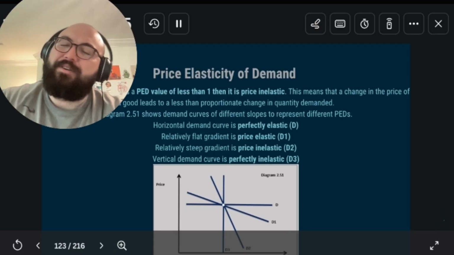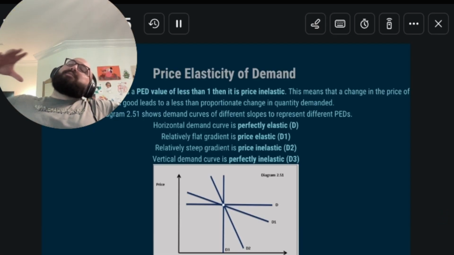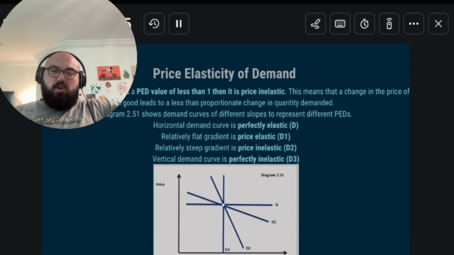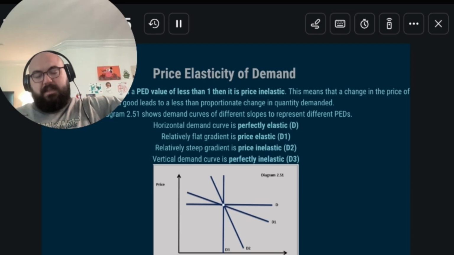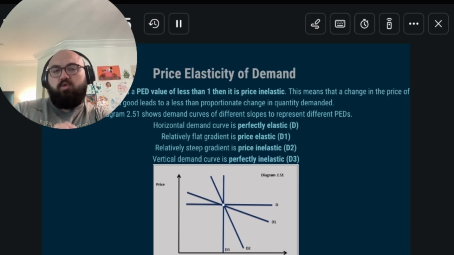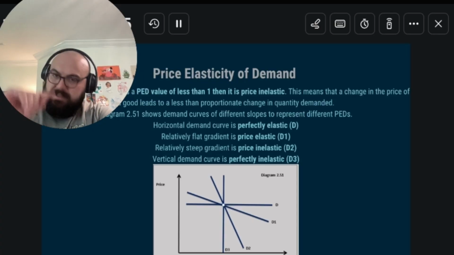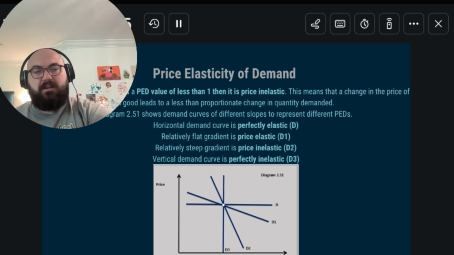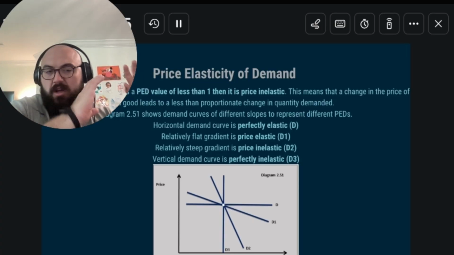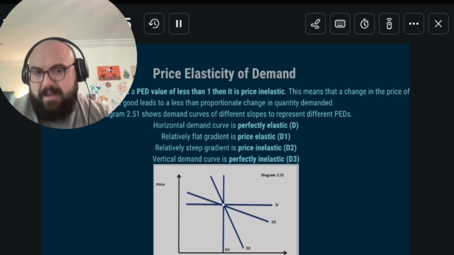Okay, so we have all kinds of examples, which we'll get into in a minute, like in this diagram. The diagram shows how the steepness of the demand curve links to elasticity. A horizontal curve means perfectly elastic. Even a tiny price change kills demand. A flat curve, like you can see in D1, is elastic. Price changes lead to large shifts in demand.